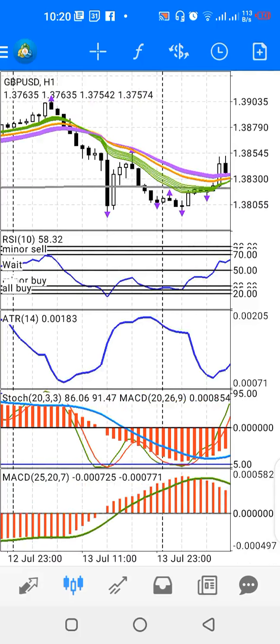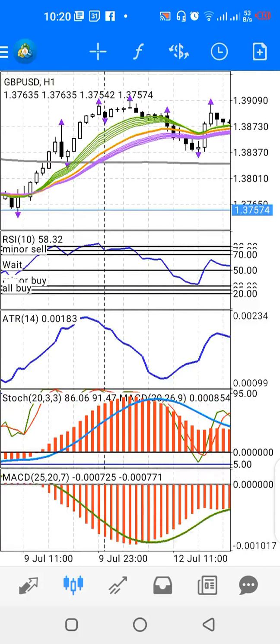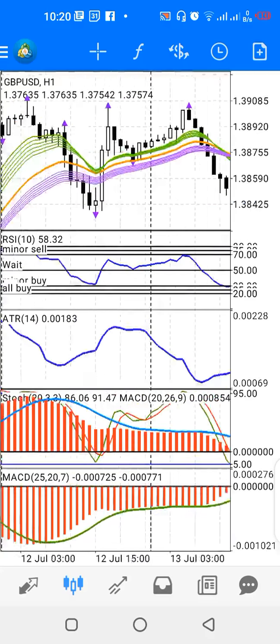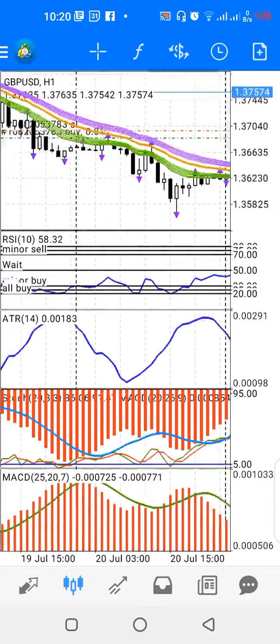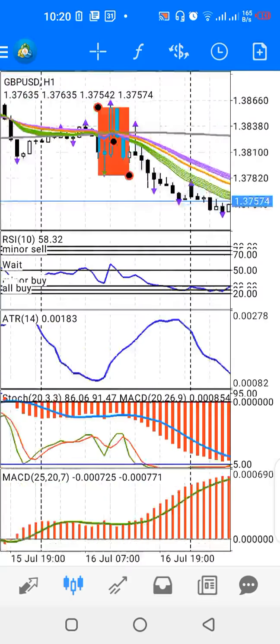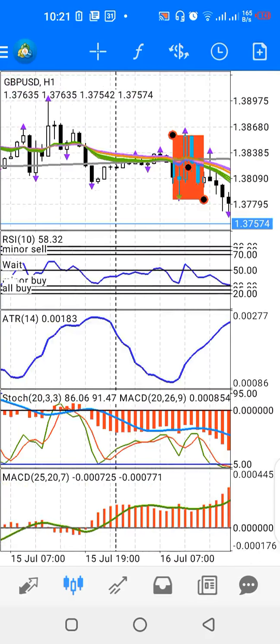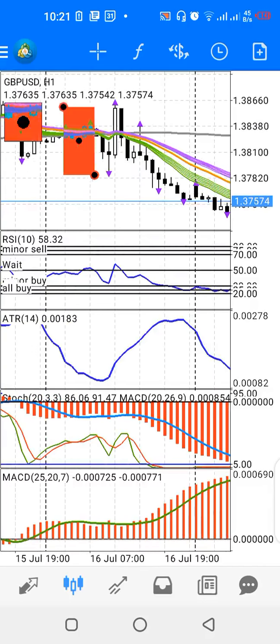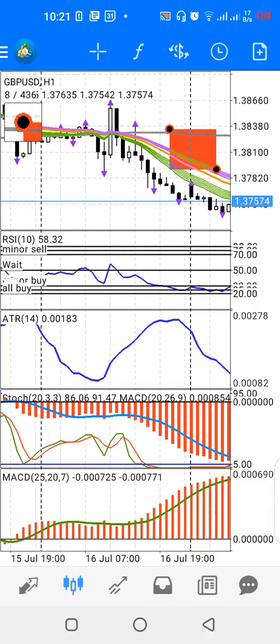What about the trend? Let's look at how you can determine your bullish trend or your bearish trend. For a bearish trend, the belt will need to drop below this particular gray line that you can see around here.